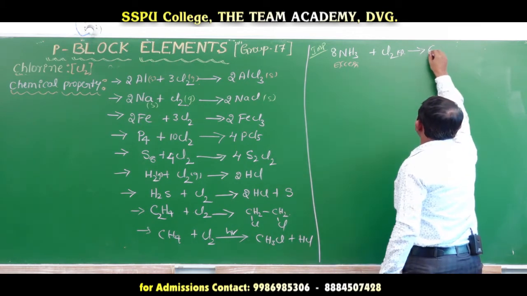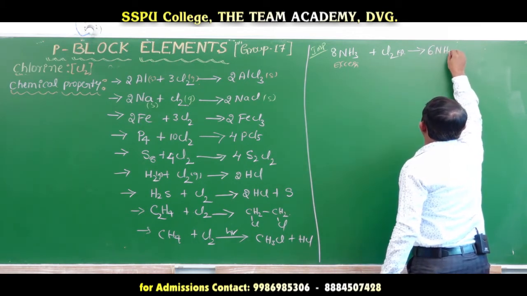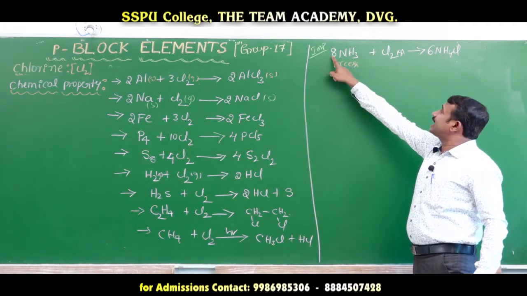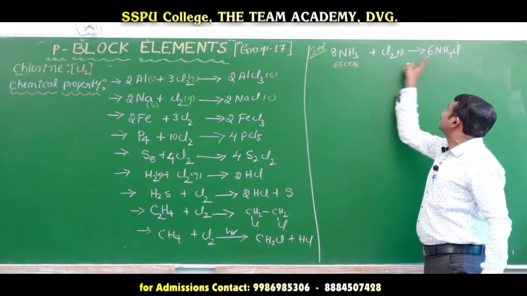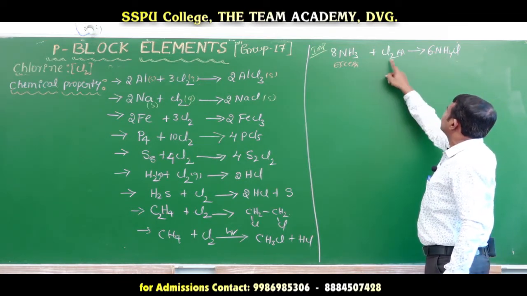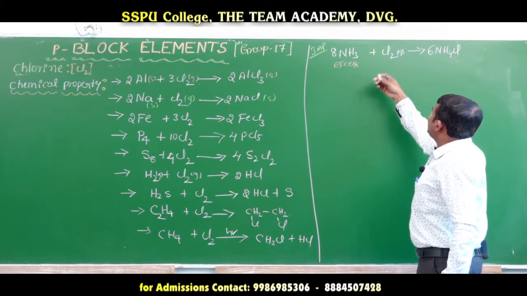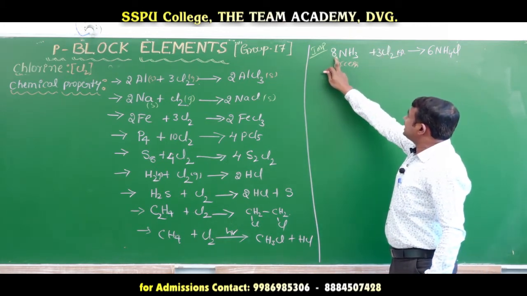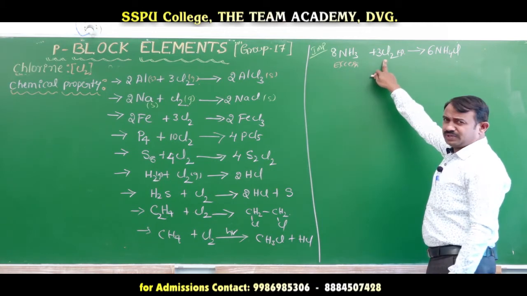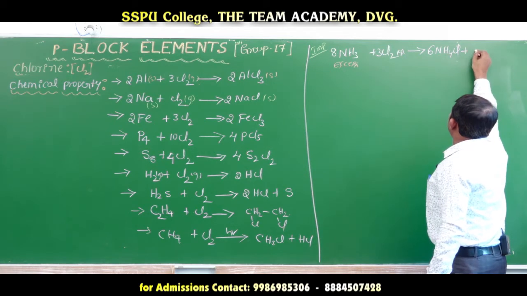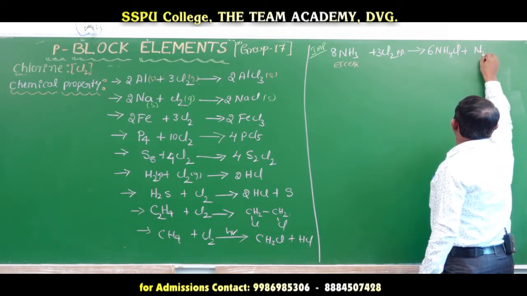To form 6 molecules of ammonium chloride, 8 N is there and 24 hydrogen, 6 fours are 24, and 6 nitrogen. Chlorine, here 3 molecules of chlorine. When excess ammonia reacts with chlorine, it forms ammonium chloride and releases nitrogen gas.